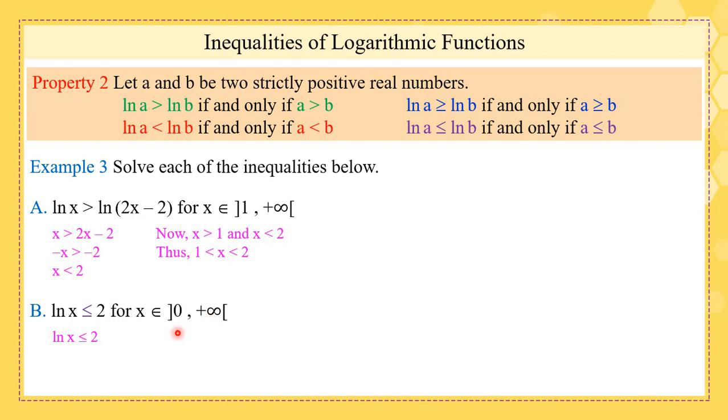So again, pay attention, we solve the inequality and then we find the intersection of the solution with the domain of definition. Here, we can say that x is smaller than or equal to e squared, and we know that x is greater than 0, so the intersection would be x is between 0 and e squared, including e squared.